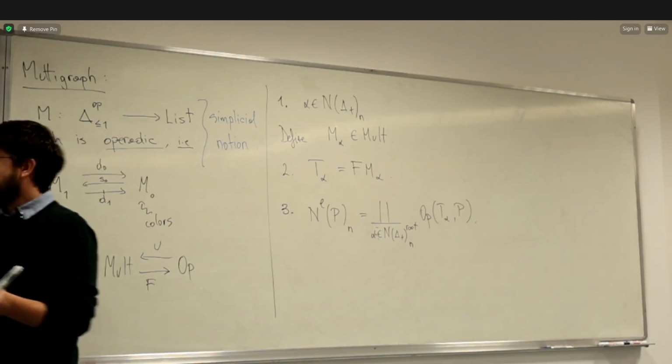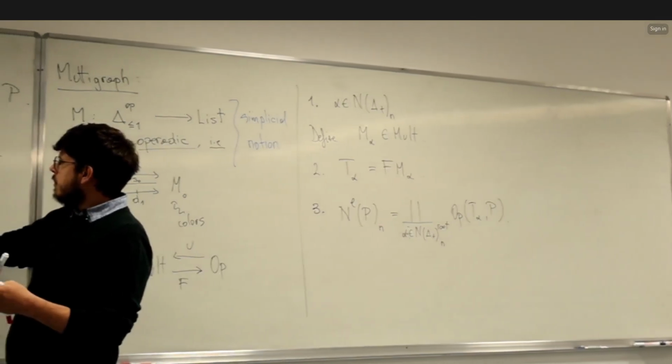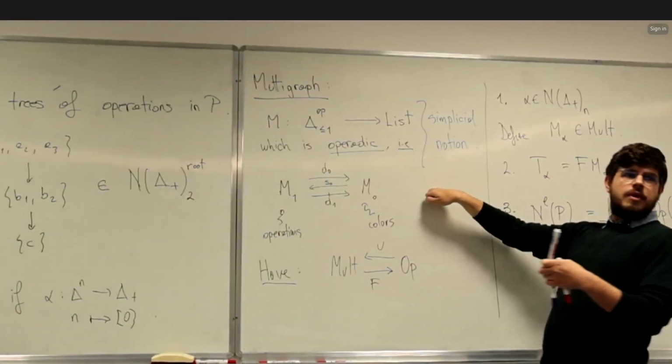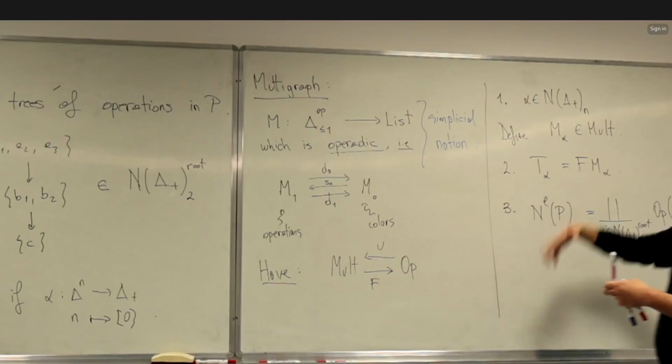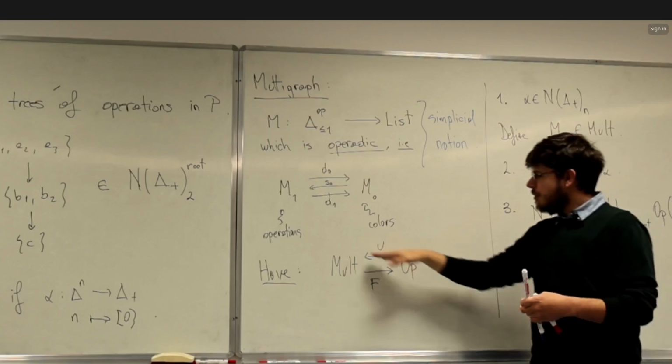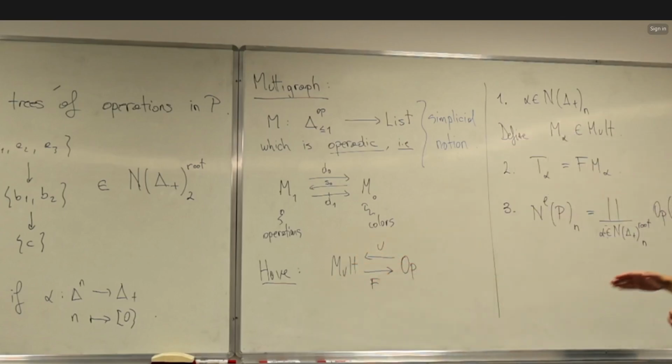Otherwise, on the formal level, we are working with these simplices, encoding them as these multigraphs, doing the free operad construction, which is adjoint to the forgetful functor, and then defining this.